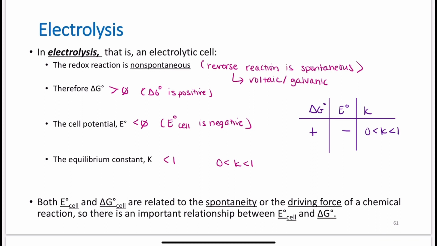Note that both your cell potential and your delta G are related to the spontaneity or the driving force of a chemical reaction. There is a very important relationship between your cell potential and your delta G. We've talked about that some, and we'll talk about that more. But that does tell you, will the reaction proceed on its own?